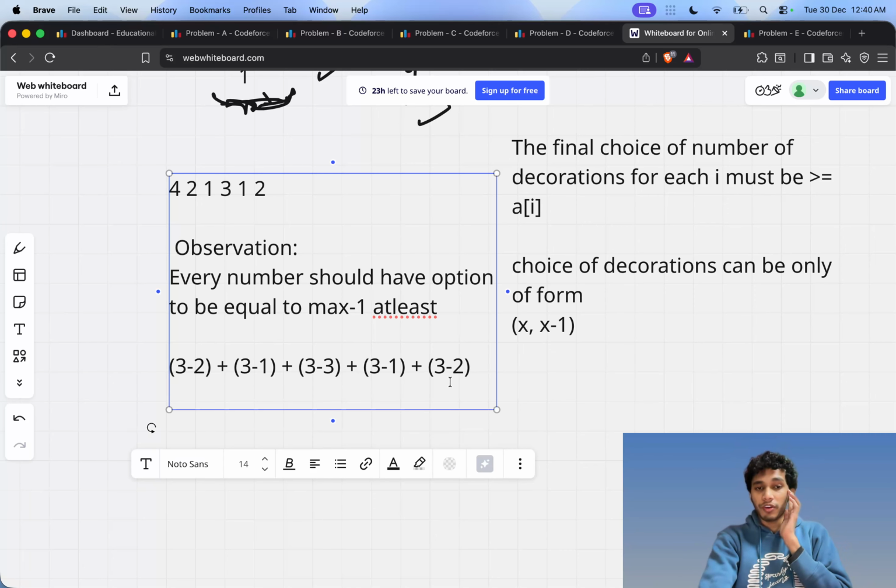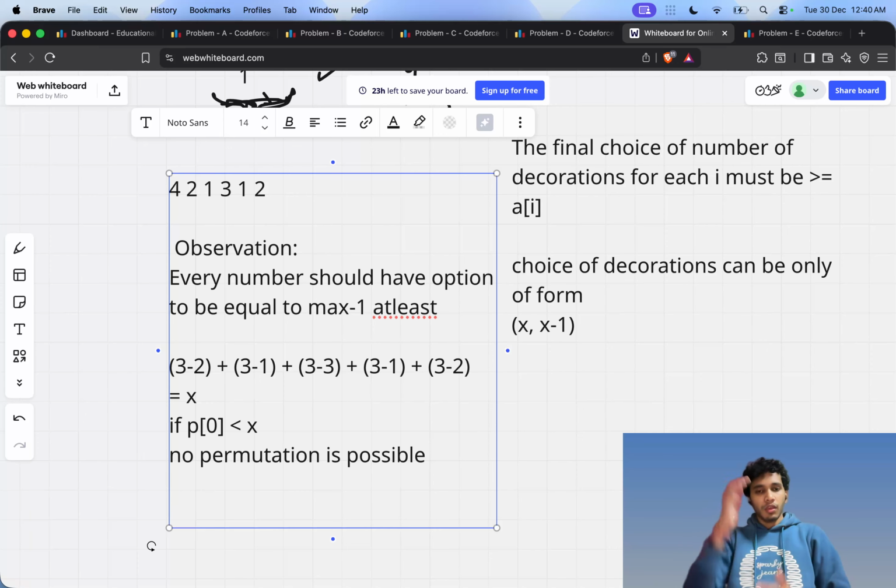This is the amount of decorations P0 should have, because this person has two choices of decorations from its own box. After its own box has finished, it will look to P0 for one extra decoration. So if, let's say, this number is X, and P0 is smaller than X, the answer is no permutation is possible.